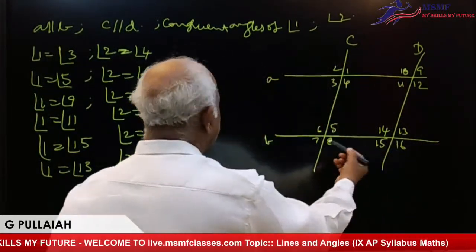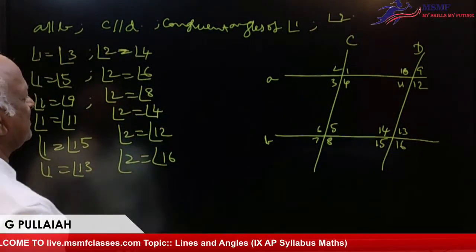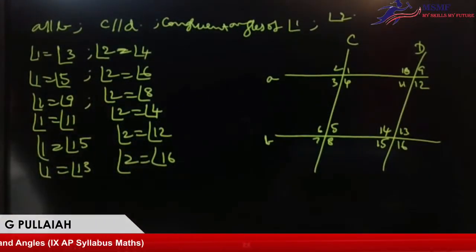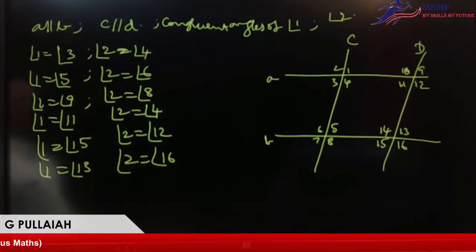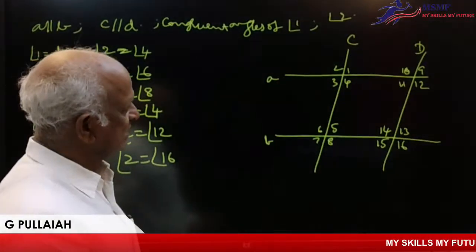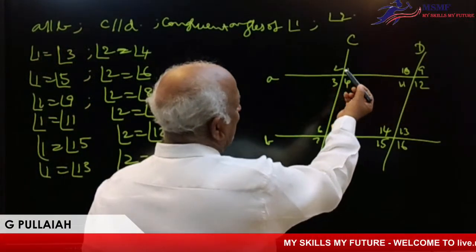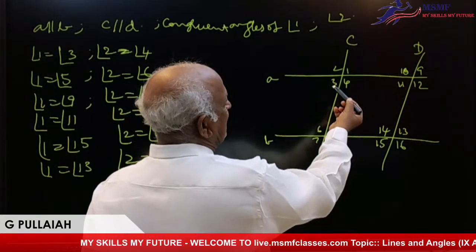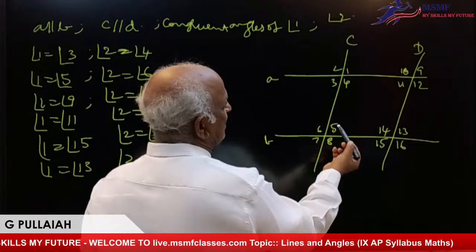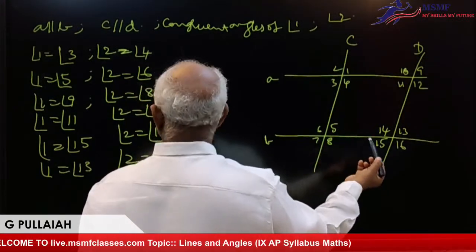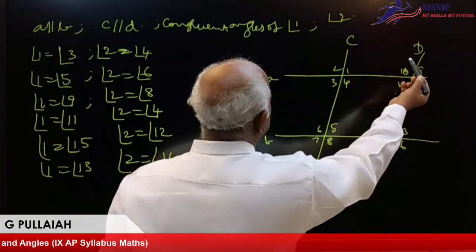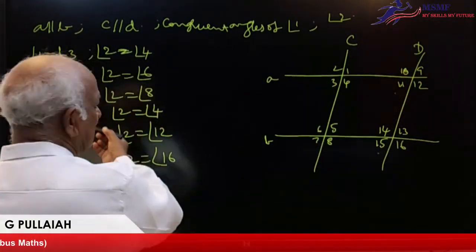Again angle 16 is equal to angle 8. So likewise, we can identify the congruent angles of all these. How to identify the congruent angles? Remember, angle 1 is equal to angle 3, angle 3 is equal to angle 5, angle 5 is equal to angle 7, angle 7 is equal to angle 15, angle 15 is equal to angle 11, angle 11 is equal to angle 9, and so on.